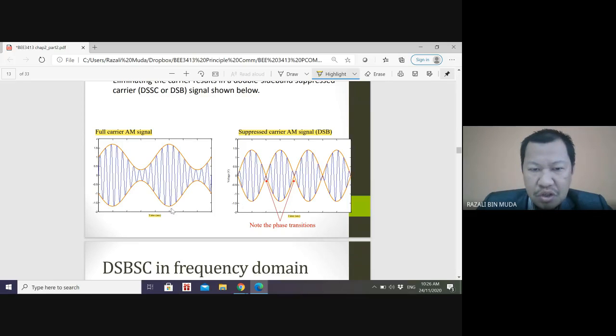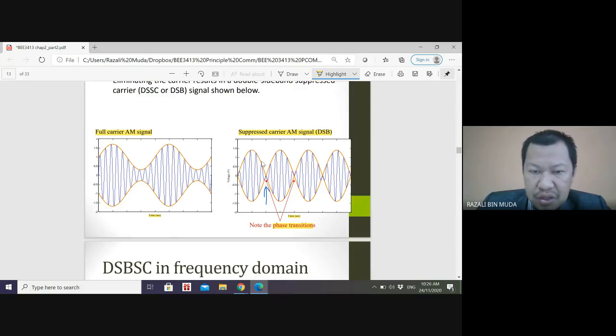Here it shows that there is a phase transition. If we look thoroughly, you can see that the signal has changed here. Here there is no change in terms of the rotation, but for this signal there is some change in phase.